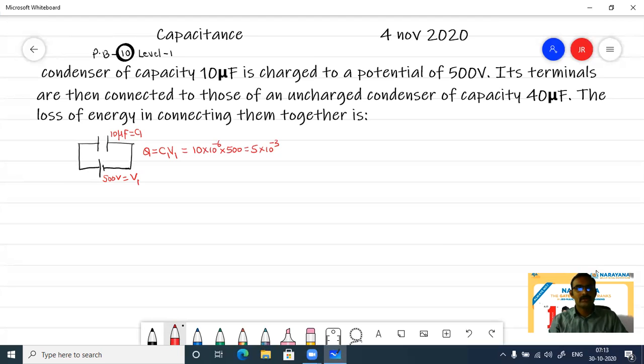Its terminals are then connected to those of an uncharged condenser of capacity 40 microfarads. So another capacitor is connected here. I think this is not 40 microfarads, this is a 10 microfarads capacitor.